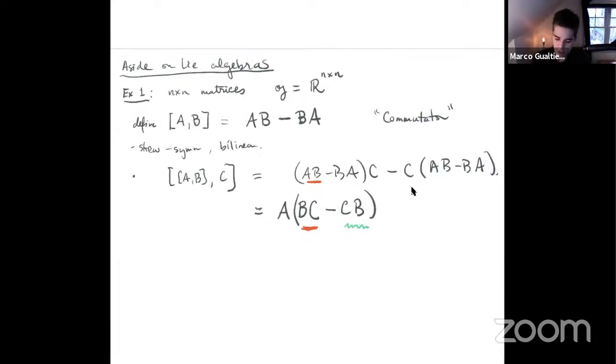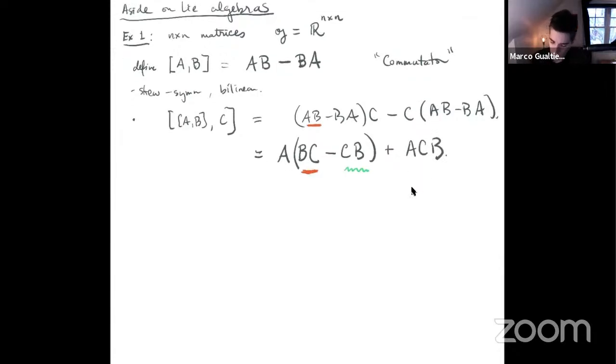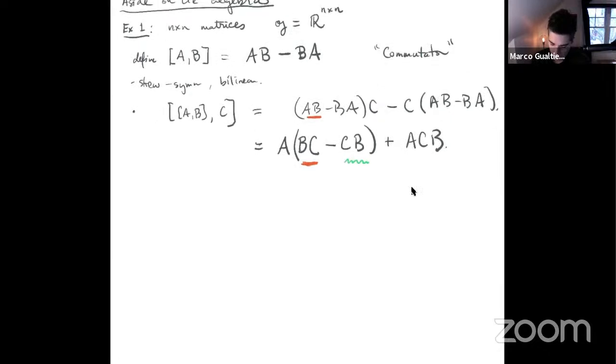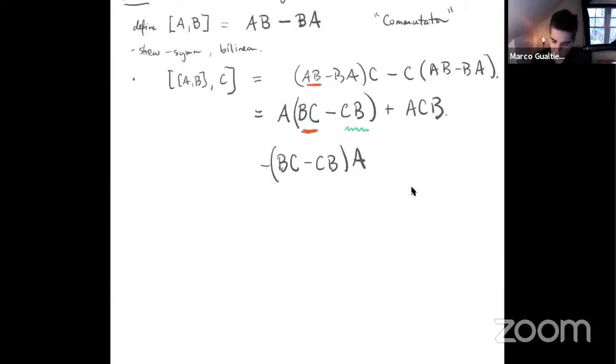Here I'm using this term right here, but I've introduced a term which is not present, so I need to add it back. And let's see, BC, right? Okay, and then if I continue, there will be a B. I'm skew symmetrizing that expression. And what have I used here?